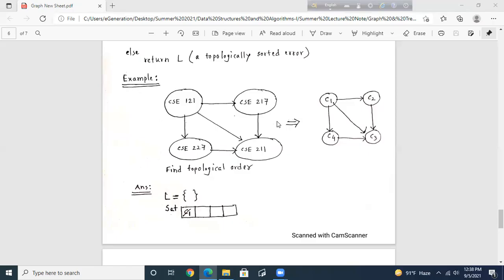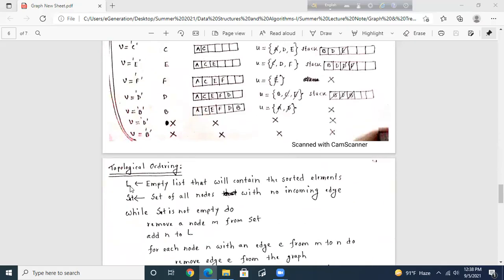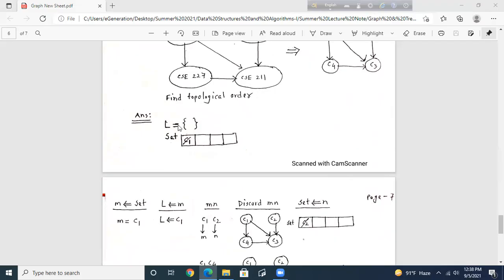Now L equals empty, because in the algorithm at first L is an empty list that will contain the sorted elements. So at first I have taken L equal to empty.